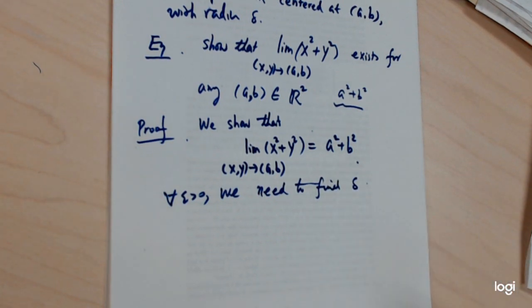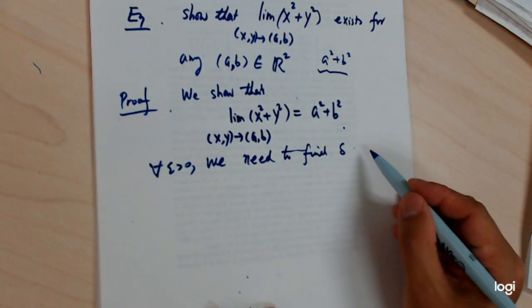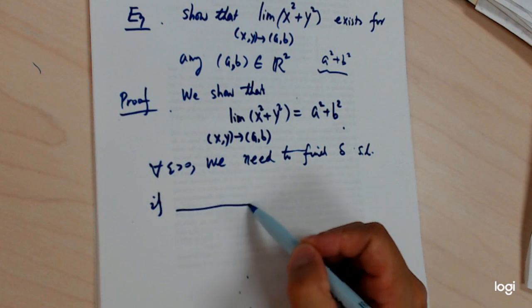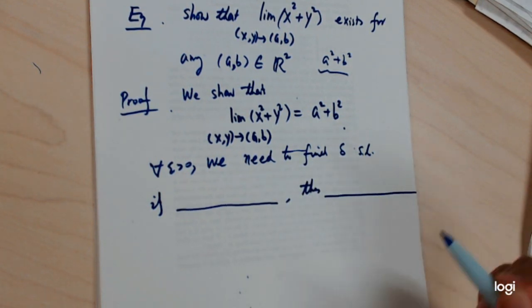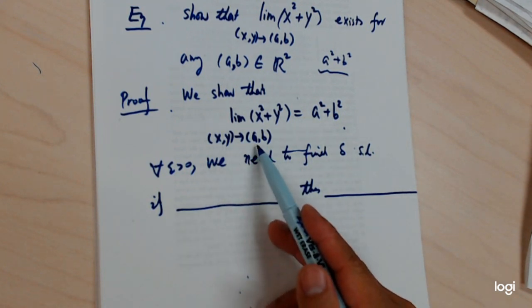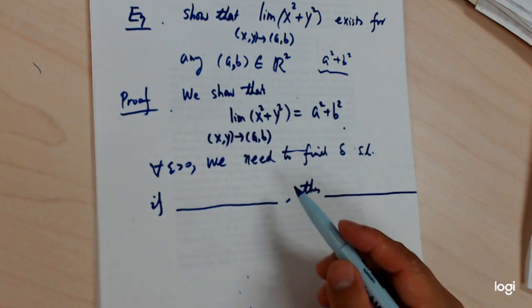This is a familiar step, such that if what inequality holds, the function's value will be close to a squared plus b squared.